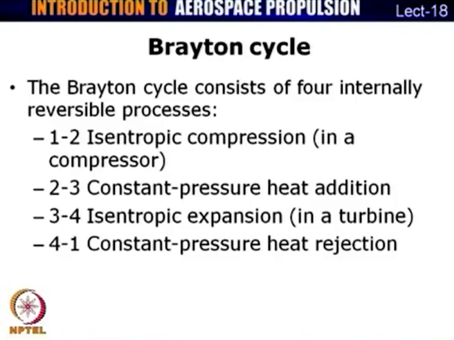Process 2-3 is constant pressure heat addition. Process 3-4 is isentropic expansion, and in the case of a gas turbine engine, it is in a turbine. And process 4-1 is constant pressure heat rejection. So, these are the 4 different processes, all of them internally reversible, which constitute a Brayton cycle.